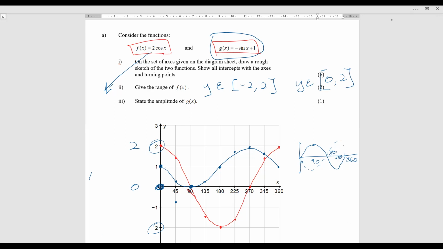Now, they say state the amplitude of g. Most people in grade 10, if this was the exam, are going to look at the graph and say it's 2. And they would be wrong. Who can tell me what the amplitude for the g graph is? It's 1, sir. Thank you.